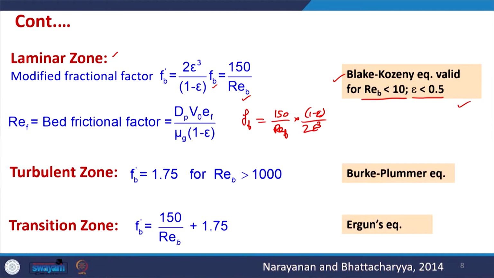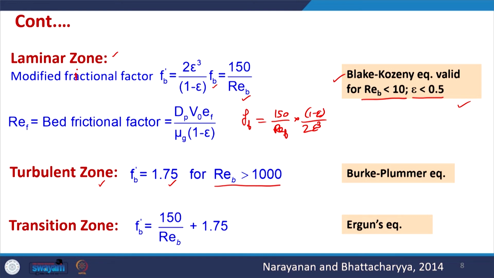Now, if at any condition the Reynolds number is greater than 1000, this is considered a turbulent zone, and here the value is fixed: FB dash, the modified frictional factor, is equal to 1.75.